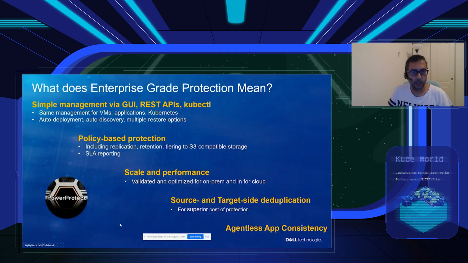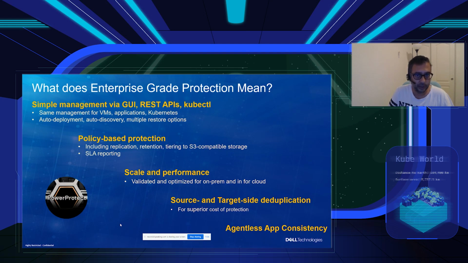So let's talk about what enterprise grade data protection means. Here we illustrated some of the key things that an IT team looks for when they talk about enterprise grade data protection, and it's also how we define what enterprise grade data protection is. So the first thing is the ability to provide management via a user interface.